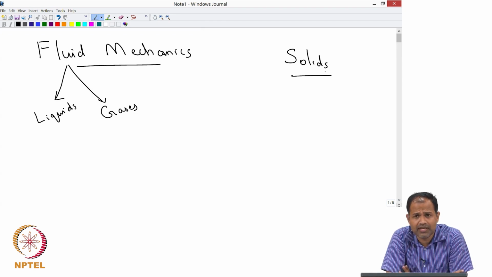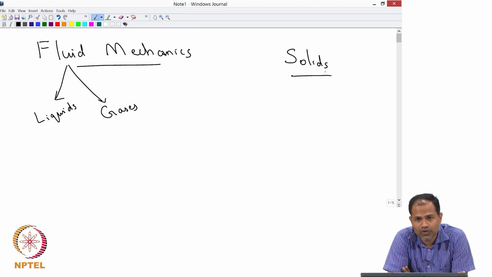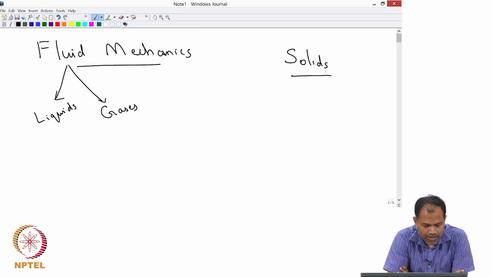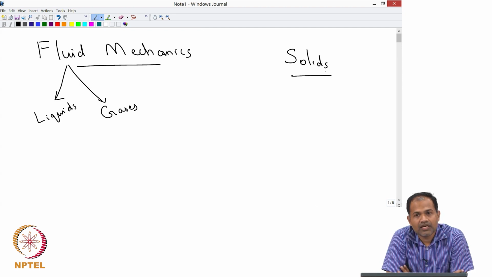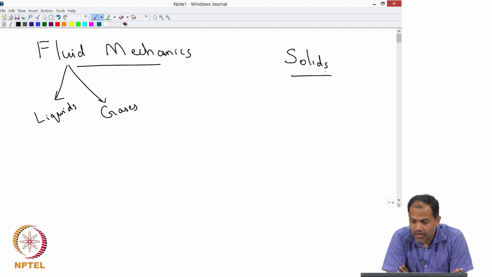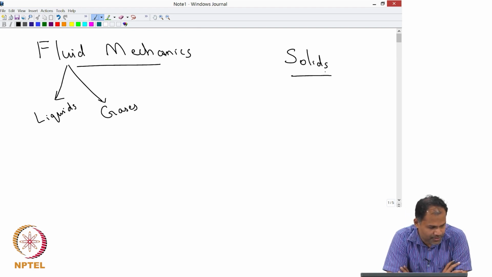Or more precisely, if you apply a force on a solid, the solid would deform, it will change its shape and it will reach a new shape. But if you are applying a force on a liquid or a gas, or for that matter on a fluid, the liquids and gases will continue to deform, they will continue to move as long as the force is applied. So, that is the main difference between solids and fluids.